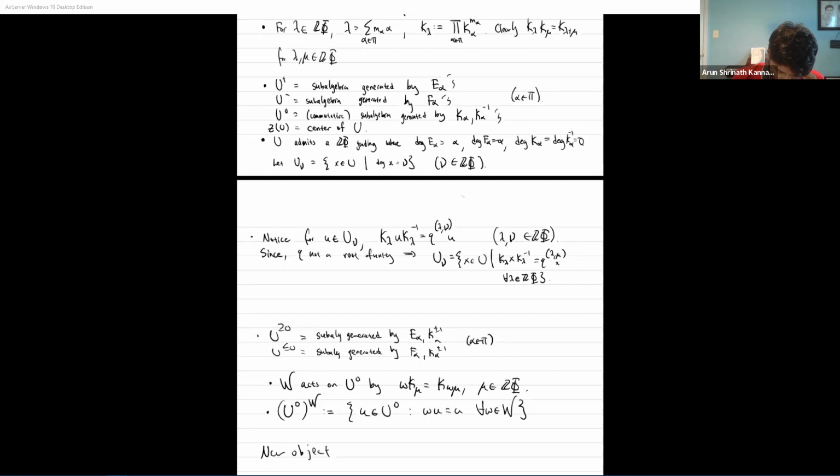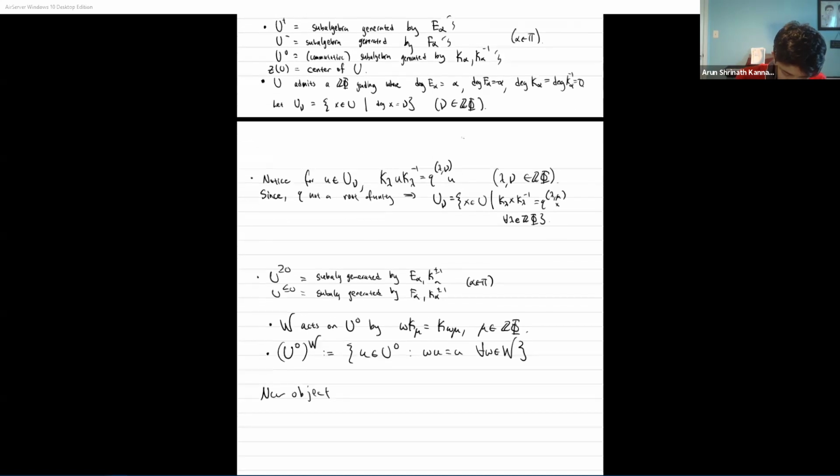Since U0 has a basis consisting of K mu's, where mu is in the root lattice, and the root lattice is stable under the Weyl group action, we get an action of W, the Weyl group, on U0 by the most obvious thing, which is this. And then, of course, you can consider invariants in that space.